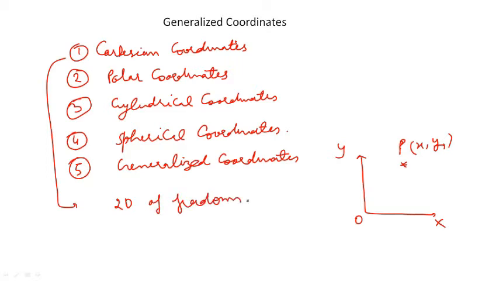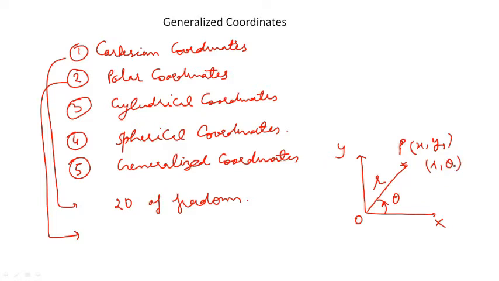Right? Now, if I draw a line from O to P, and let us say this distance is r, and this distance r is making an angle of theta with the x-axis in anti-clockwise direction, then we can specify the position of this particle in two-dimensional space by the polar coordinates, and the polar coordinates will be r, theta.